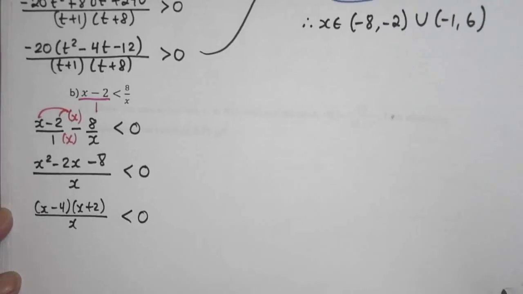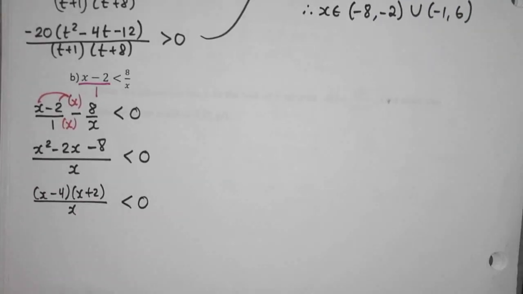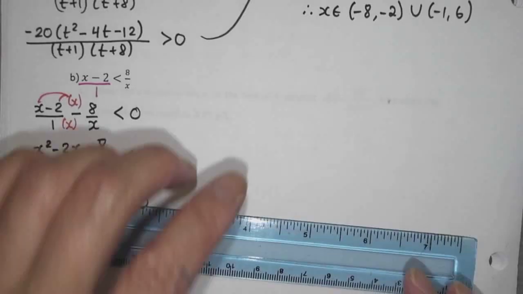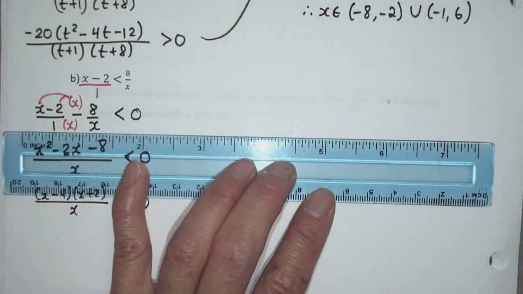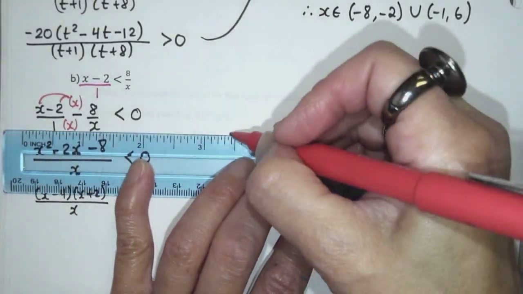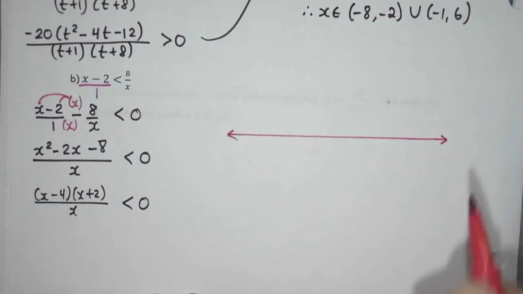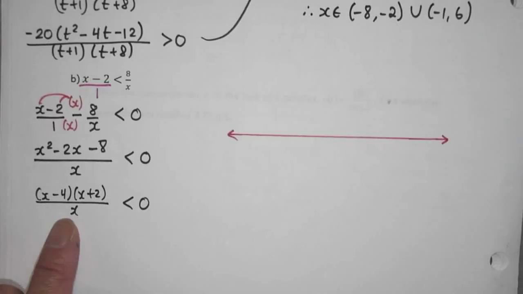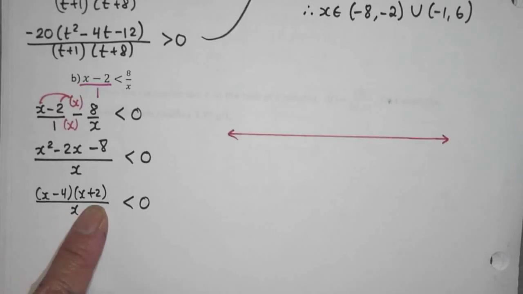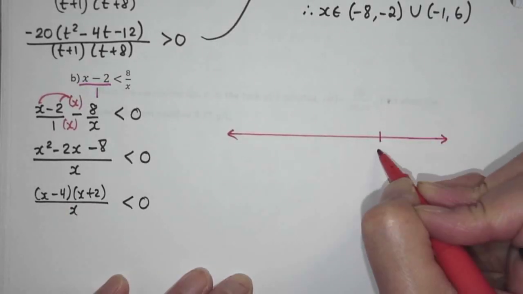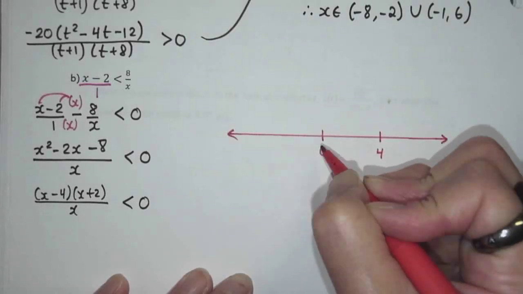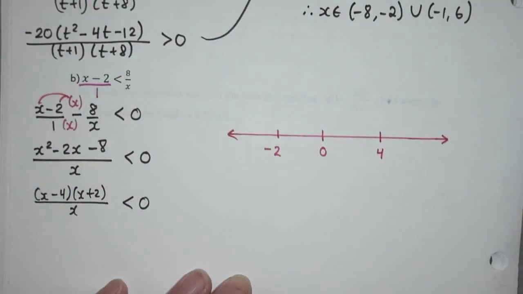Okay, we know it's less than, and we're just going to do our number line. This is a shorter one, so we're going to do a number line. On my number line I've got 0, -2, and 4. Again, just equal spacing, I don't care. 4, 0, and -2.